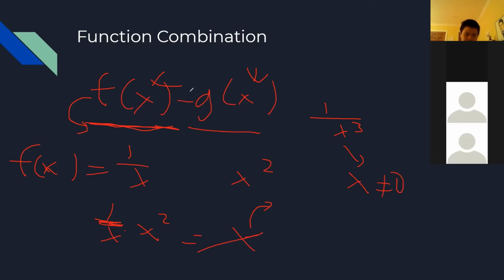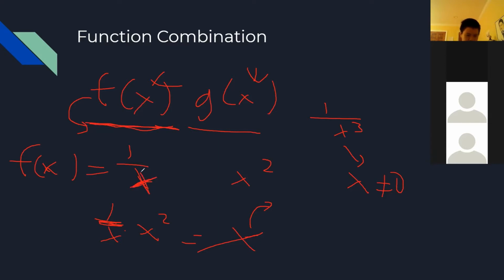If you had plus 0, never mind, that's also a bad example. Well, anything that's combined with f(x) can't have the input of 0.